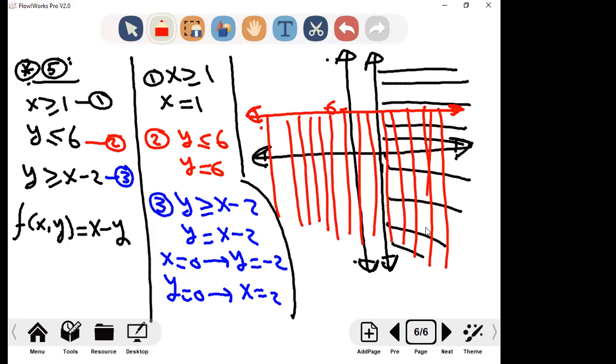But the third one, x equal 2 and y equal negative 2. This is y equal negative 2 here. X equal 2.